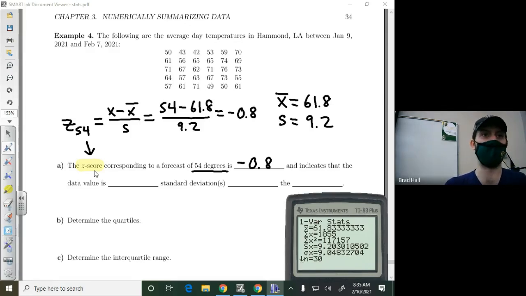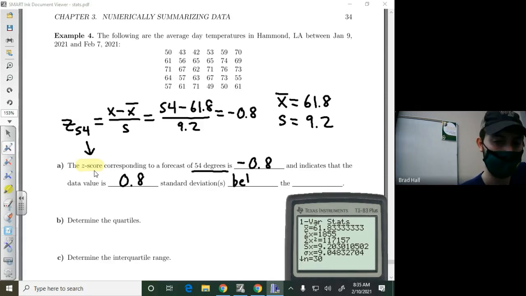So what does this tell us? It further goes on to have us interpret this. When we think about z-score, the way we interpret it is if it's a negative value, then it's 0.8 standard deviations below the mean.